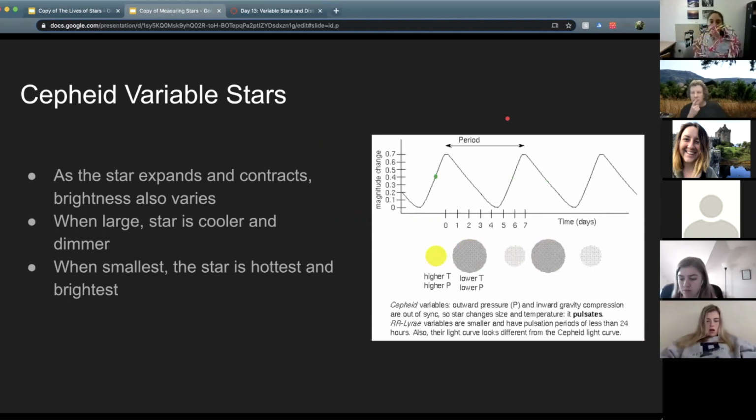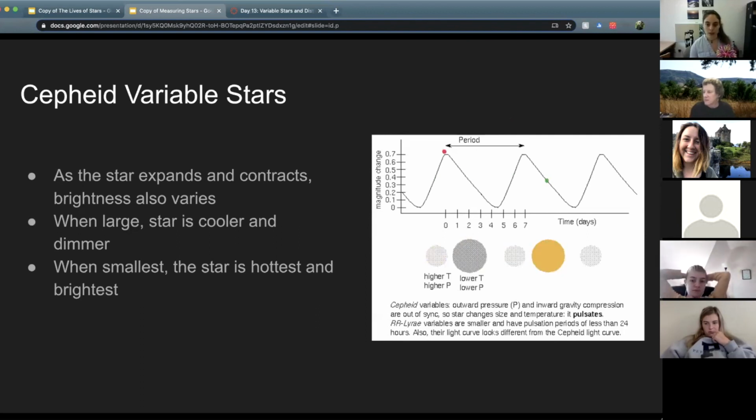So as it pulses, it's not just changing in size, it's also changing in brightness. As we get really big, the star is dimmer, so we have a higher magnitude. As we collapse, the star is brighter, so we have a lower magnitude. And this occurs over a period of a few days, depending on the size of the Cepheid variable we have.